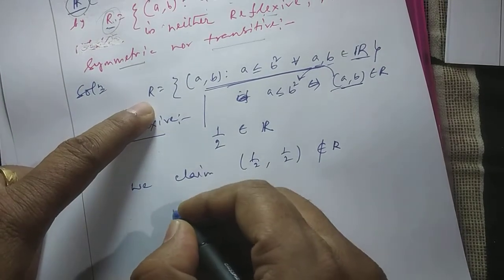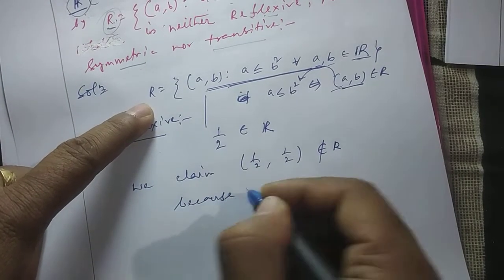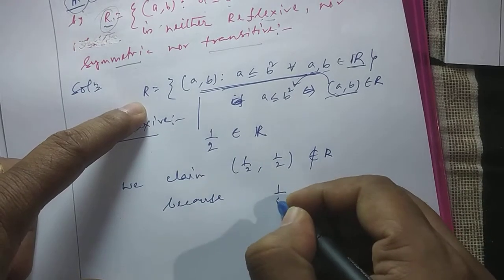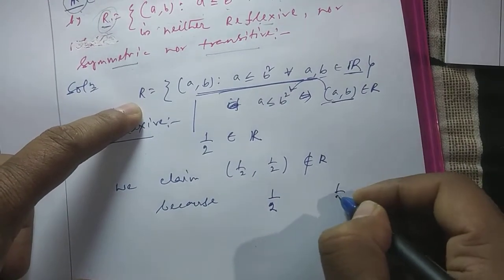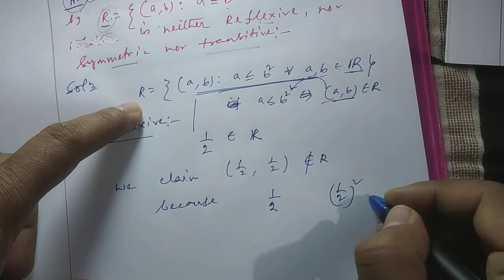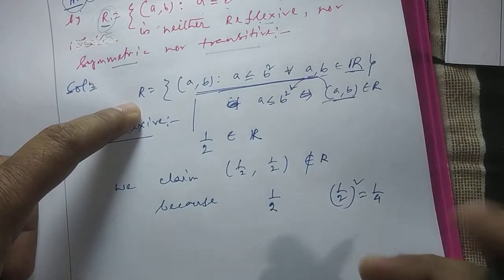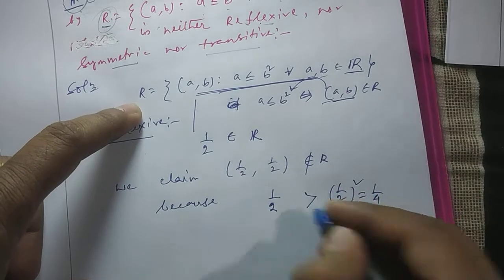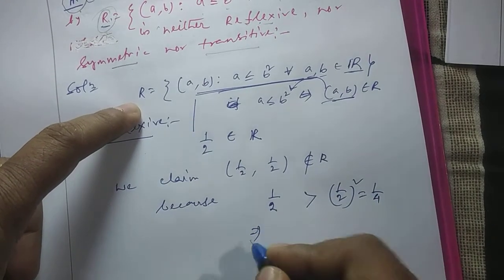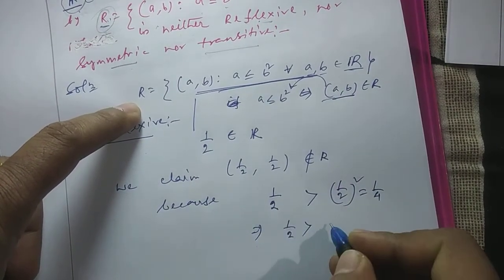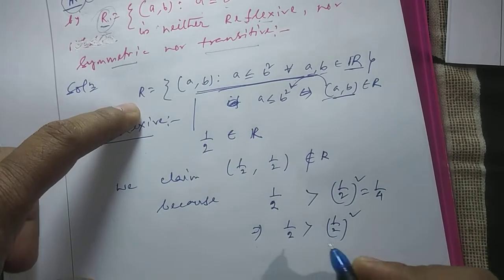Why? Because 1/2 and (1/2)². What is the value of (1/2)²? 1/4. Between 1/2 and 1/4, which is bigger? 1/2 is bigger. That means 1/2 is bigger than (1/2)².